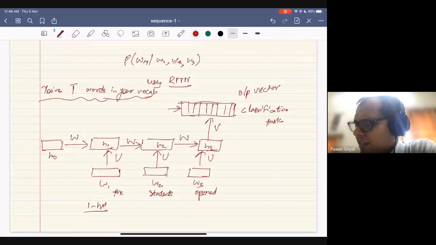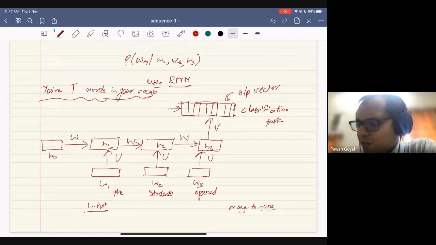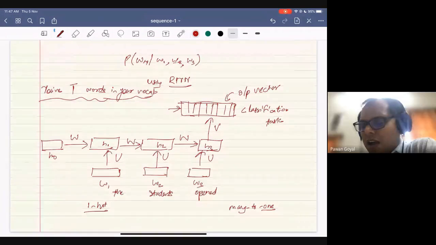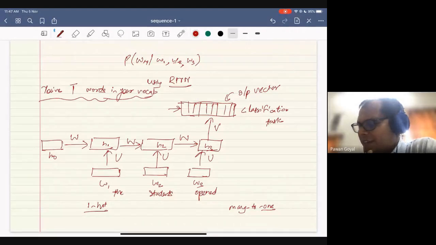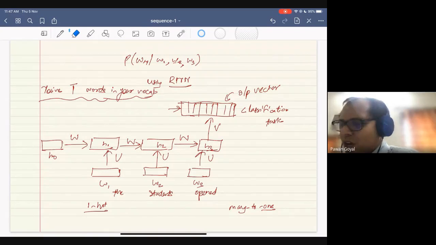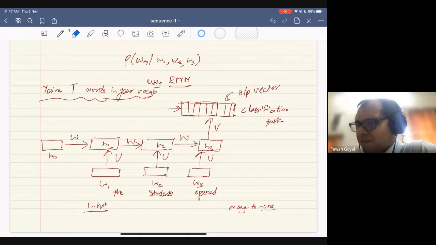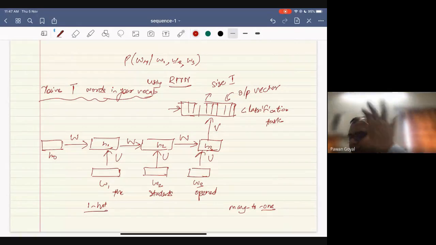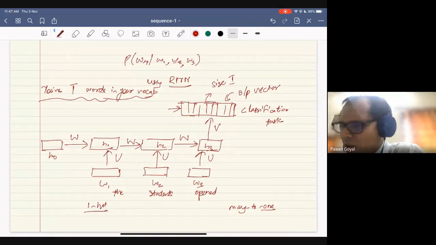It's a many to one architecture, right? So what does it depend on? The size of the output, your number of classes in your classification, right? So here, because you are trying to find the probability for each word in your vocabulary, this will be of size capital T, because I have T words. And then you will do softmax and all that, and you will finally end up getting a probability distribution.